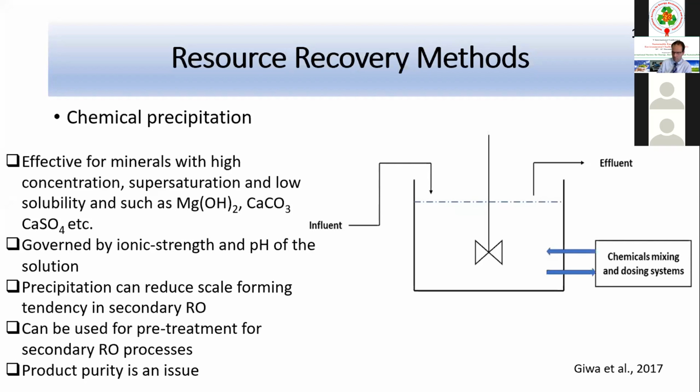It can also reduce scale forming tendencies in secondary RO, and can be used as a pre-treatment process for secondary RO, and as a pre-treatment step if we want to eliminate the impact of divalent cations in our further treatment process.